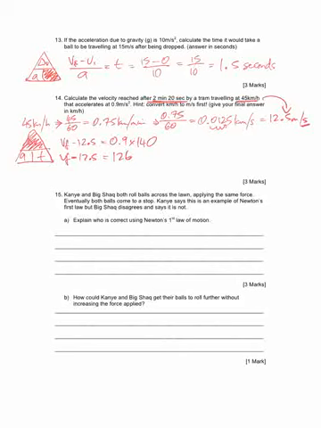The opposite of taking 12.5 from the left hand side is adding it, and so we have to add 12.5 to both sides. 126 plus 12.5, so VF is going to be 138.5 meters per second.